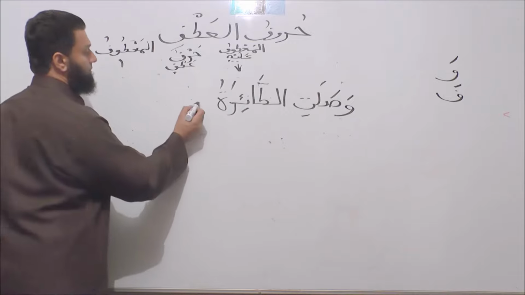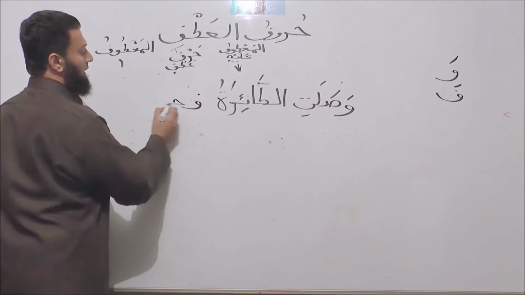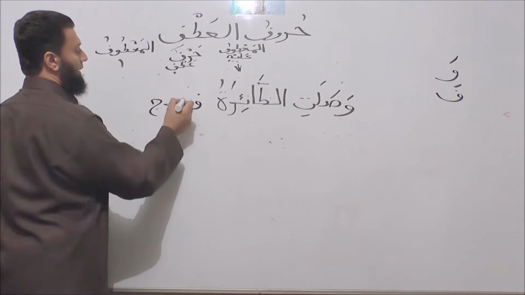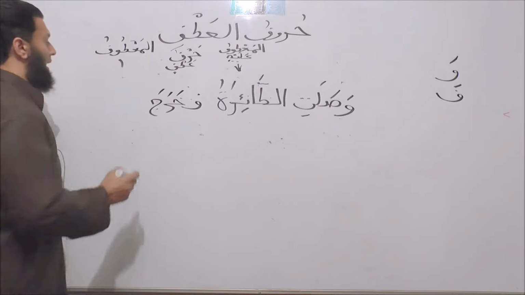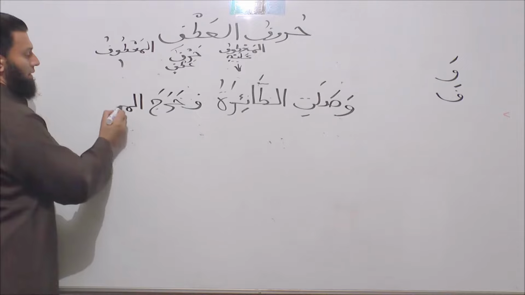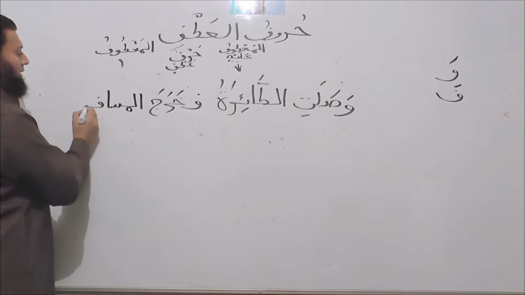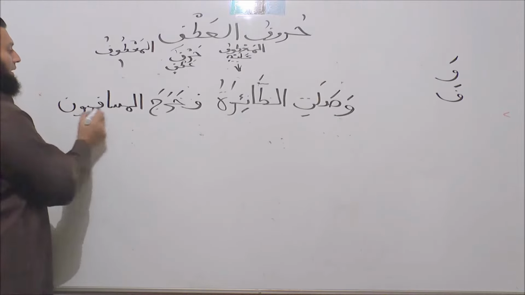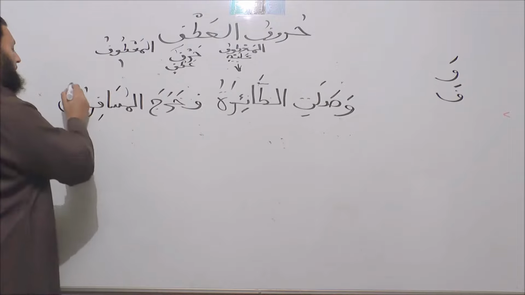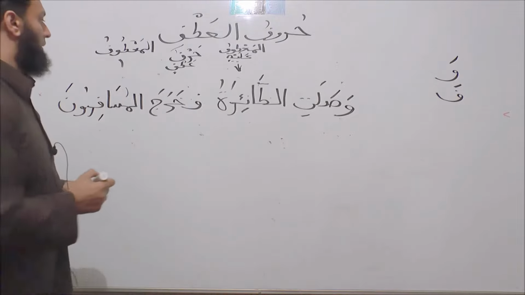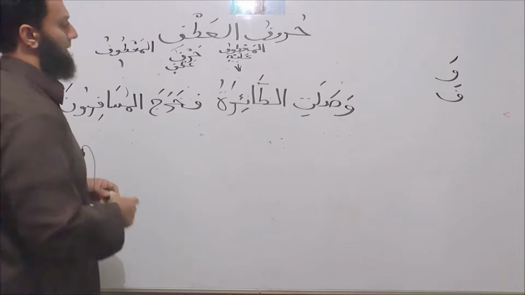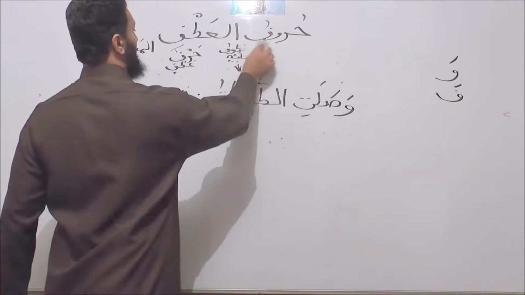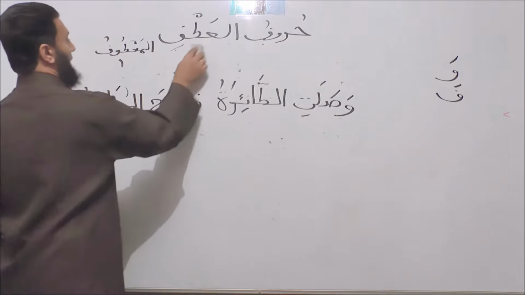Fa. Kharaja. فخرج المسافرون. I need to erase this name because the order wouldn't be correct.